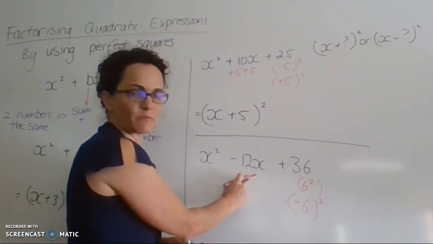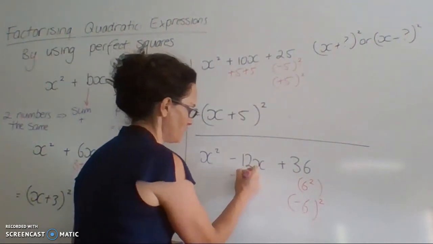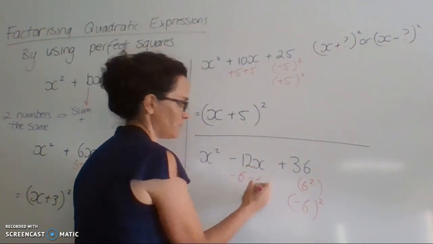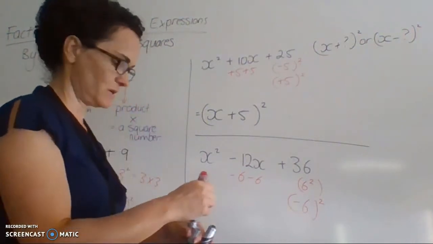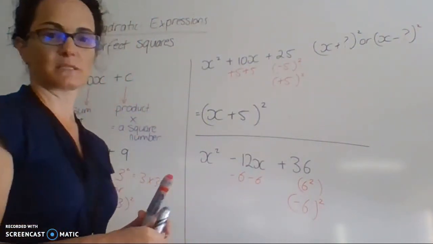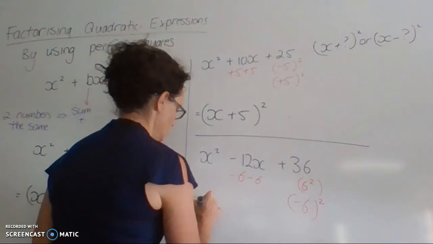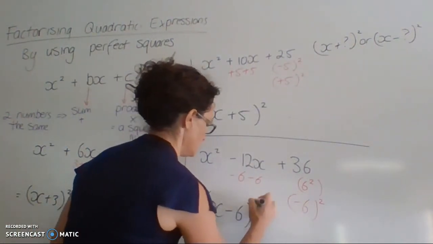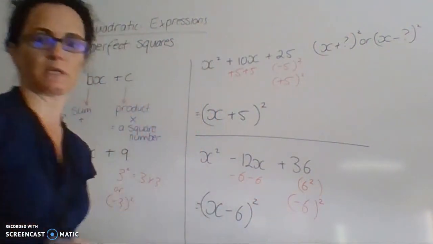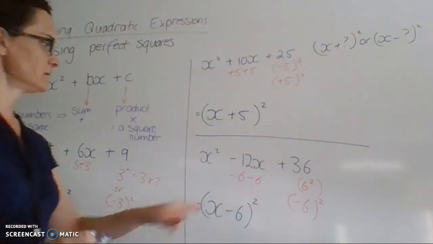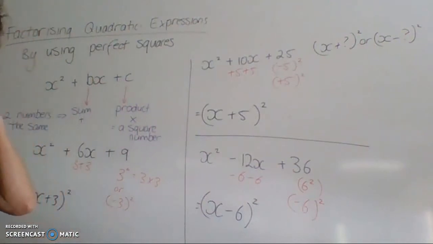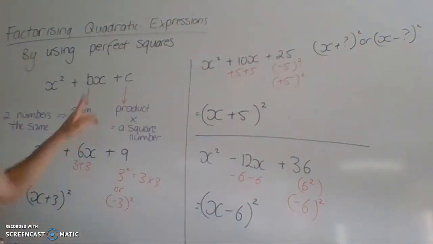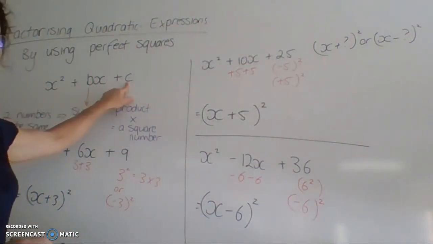It has to add to equal minus 12. So straight away I know it has to be negative 6 plus negative 6 to equal minus 12, because 6 plus 6 is positive 12. So therefore it's factorised to x minus 6 squared.